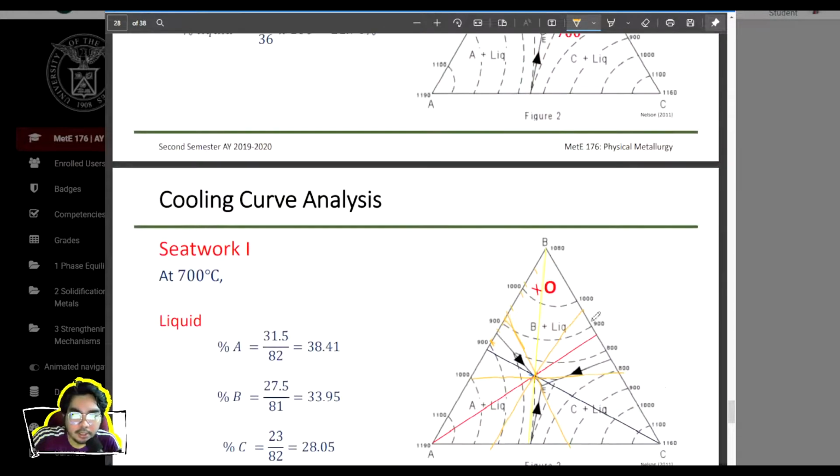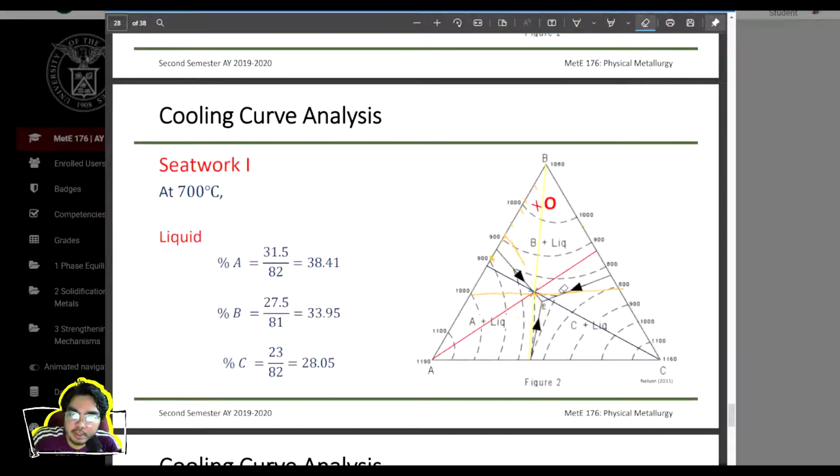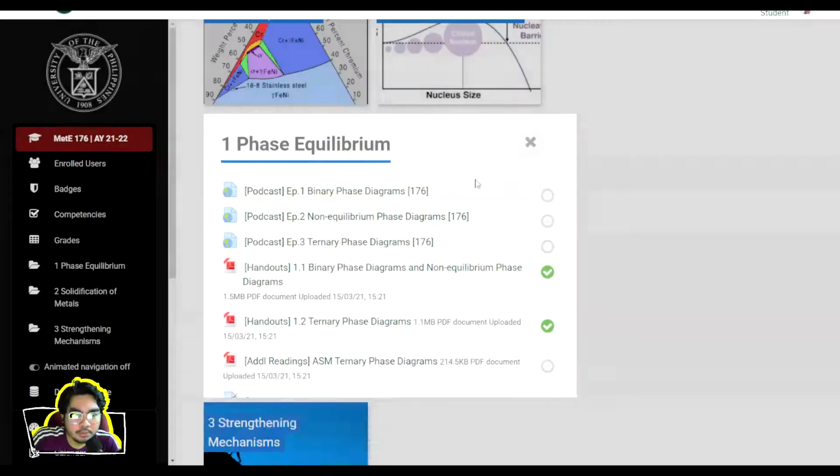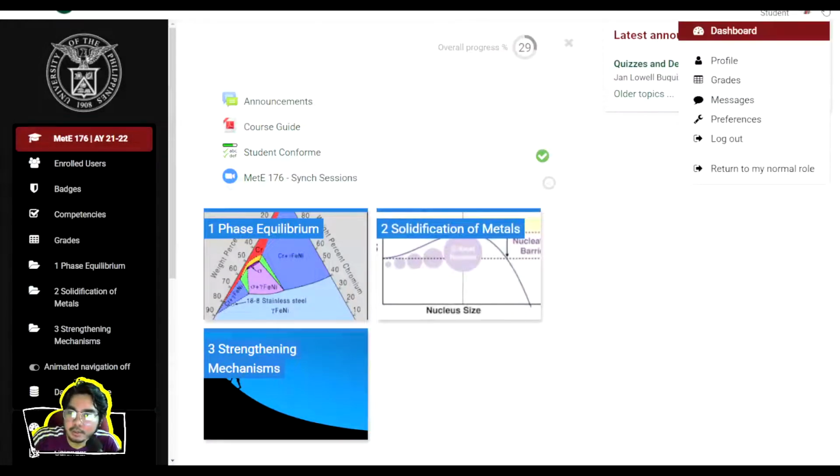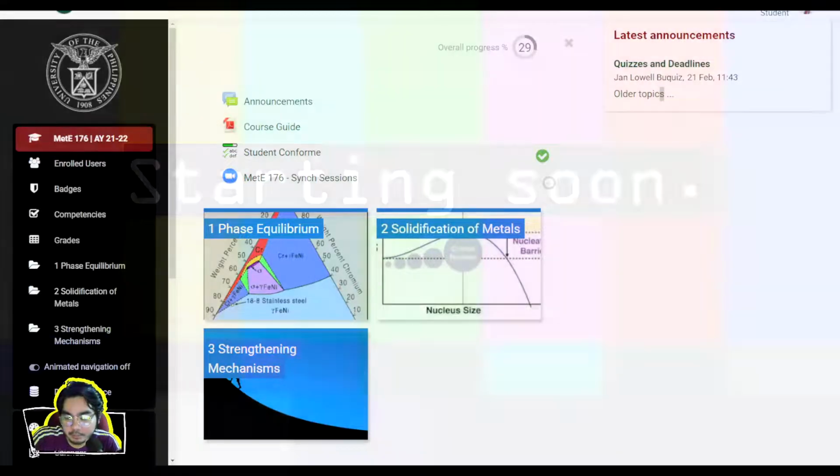Alam ba natin ng isa pang example? Maybe I can provide another example para mas makita niyo. Pero maybe I can show you, hindi ko alam kung makikita niyo. I can show you a more complicated one, no? Bismuth.